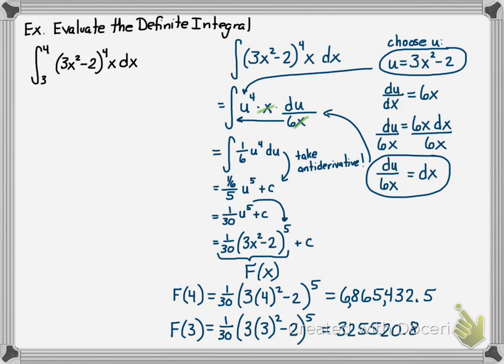I would encourage you to double check that you get the same values when you type this into your calculator. Once I write down the number, put in some commas, it looks like capital F of 3 is 325,520.8.